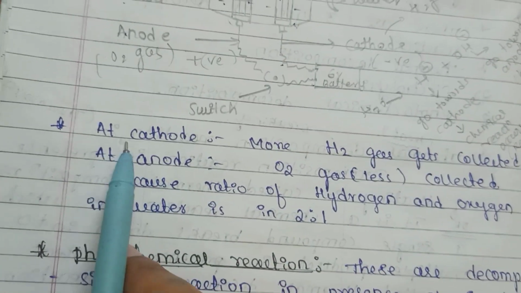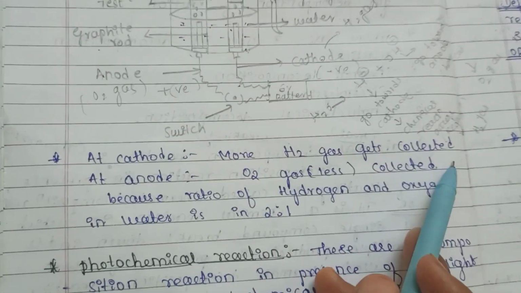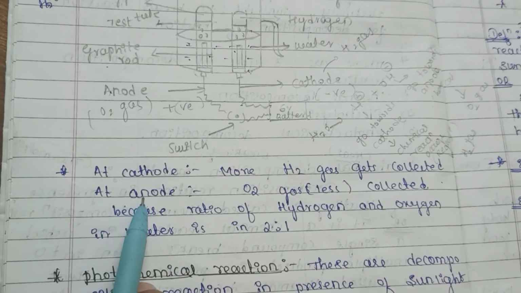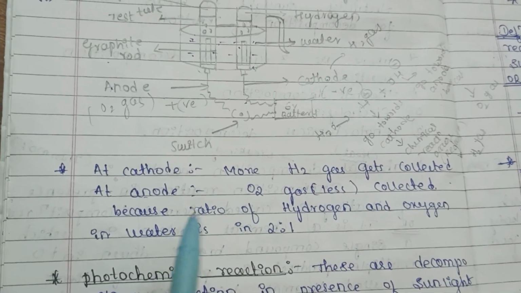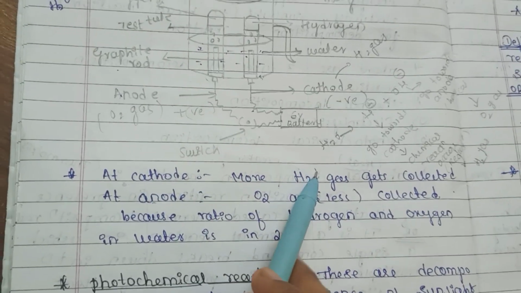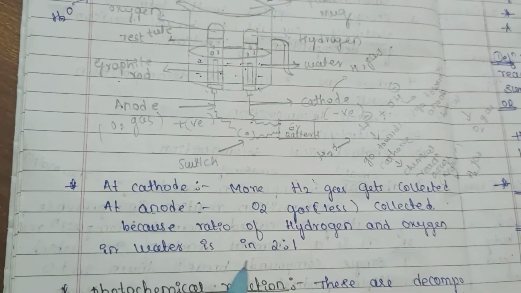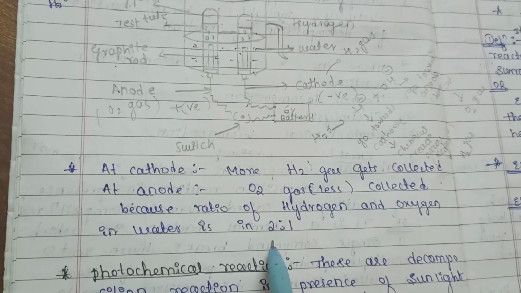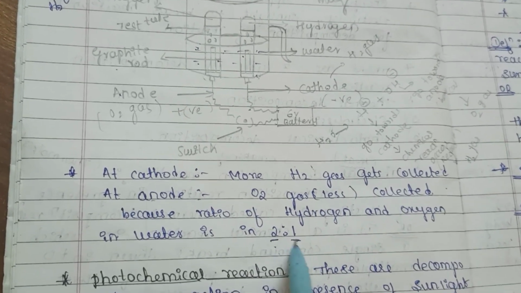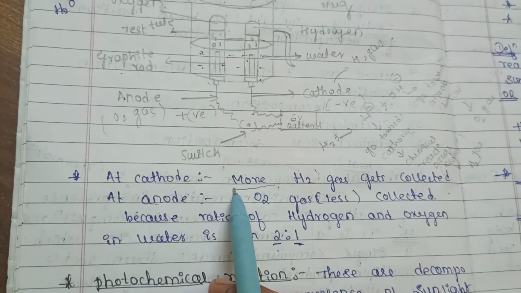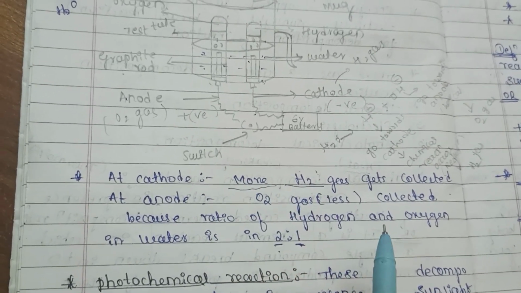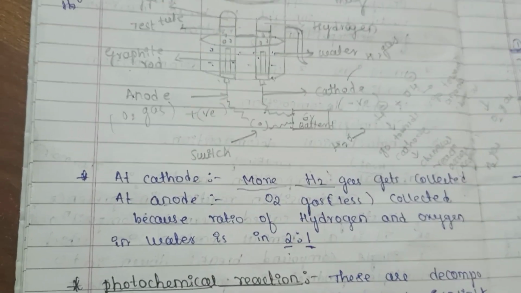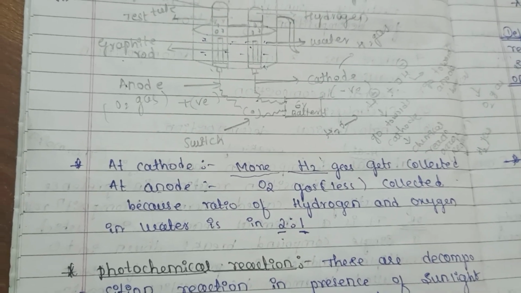At the cathode more H2 gas will be collected, and at the anode O2 gas will be collected. Why is more H2 gas collected at the cathode? Because the hydrogen and oxygen ratio is 2:1. There are 2 molecules of hydrogen and 1 molecule of oxygen. That is the reason more H2 gas will be collected at the cathode. So this is all about the electrolysis reaction.